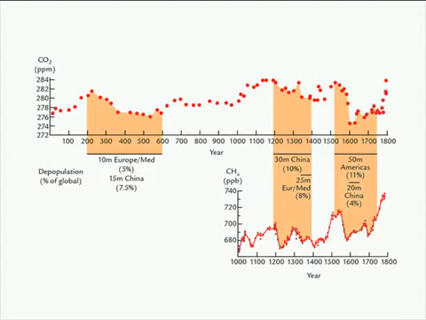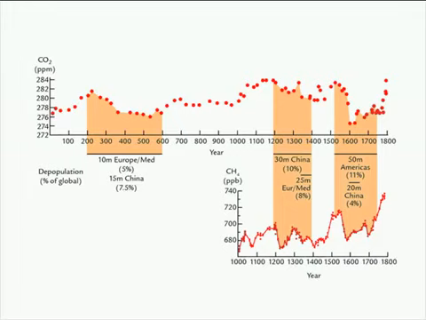So in the middle, I plotted the major depopulation events, that is, major crashes of global population over that same interval of time, and you'll see that both Europe and China had population decreases that were quite sizable, 5 and 7.5% of global population during that same interval, 200 to 600, when the CO2 values were going down.